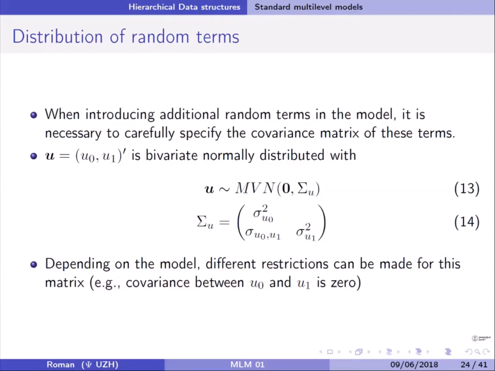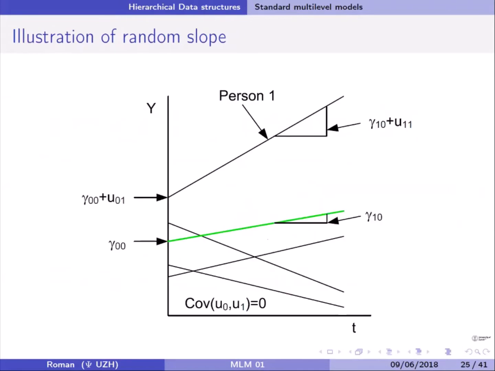This is very important. So bold U here, or the matrix of random terms, U0 and U1 prime, is bivariate normally distributed. So we have a multivariate normal distribution here. Depending on the model, different restrictions can be made on this matrix. We can constrain the covariance between the random effects in different ways to help us accommodate complexity in the model.